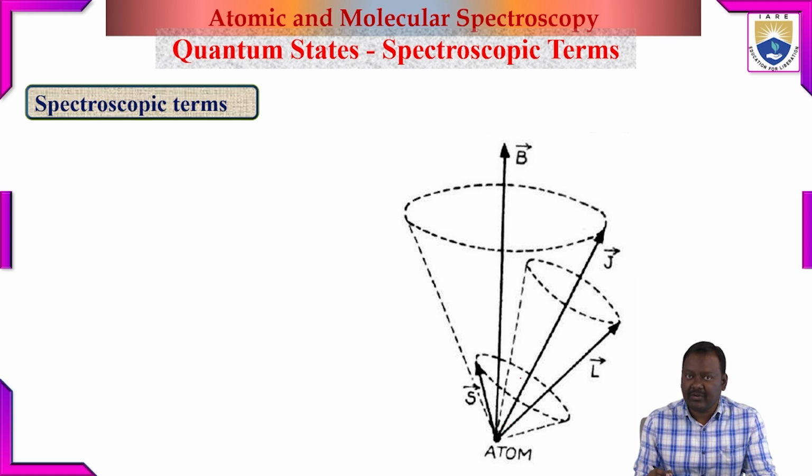And this J bar, the total angular momentum vector, makes precession about B bar, the applied magnetic field direction.